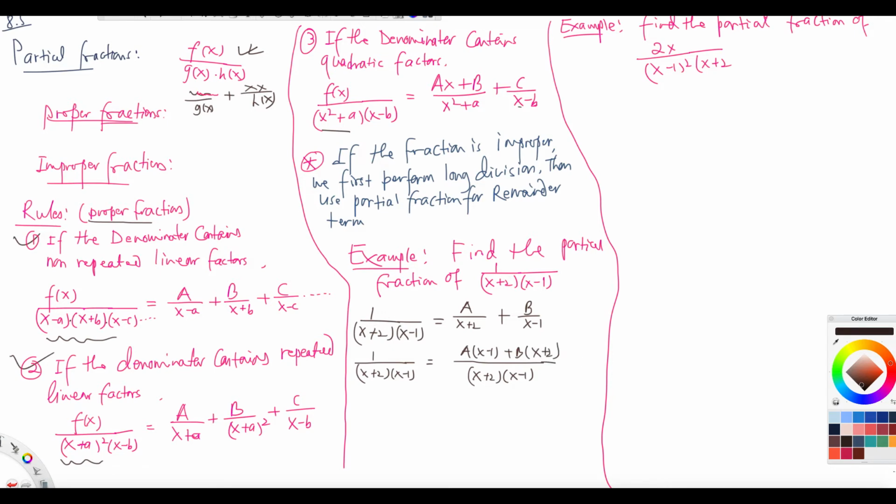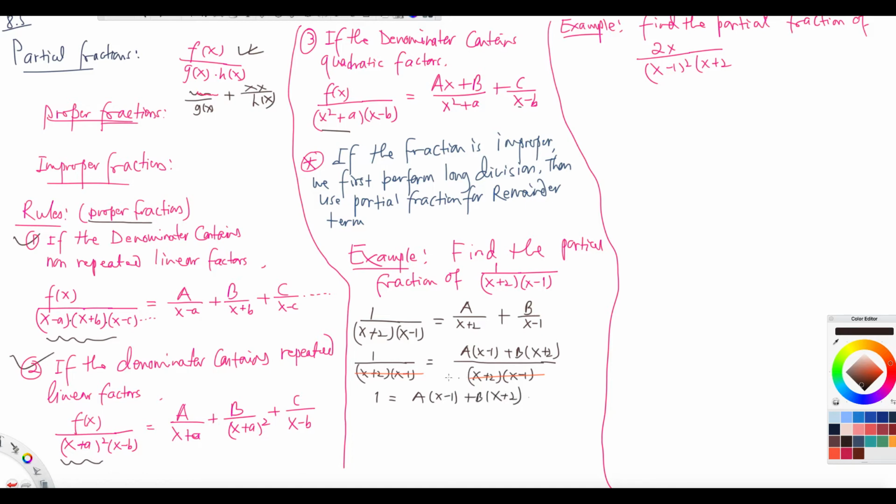They both have the same denominator, so if you multiply by (x plus 2)(x minus 1) on both sides, you cancel those out. What is left is 1 equals A times (x minus 1) plus B times (x plus 2).